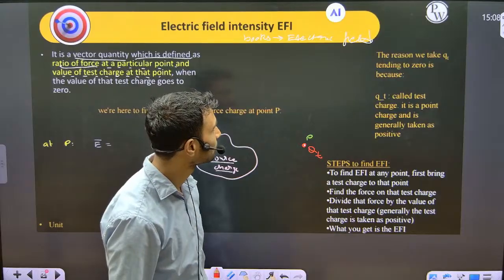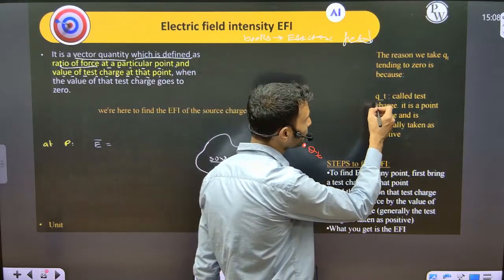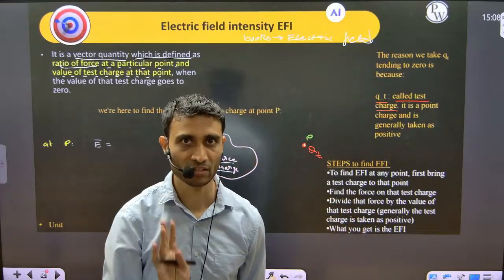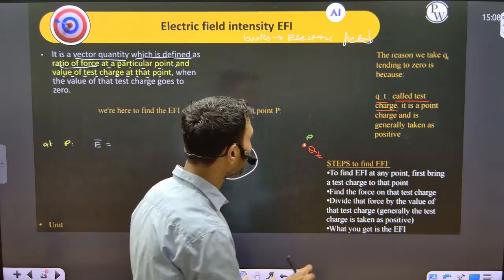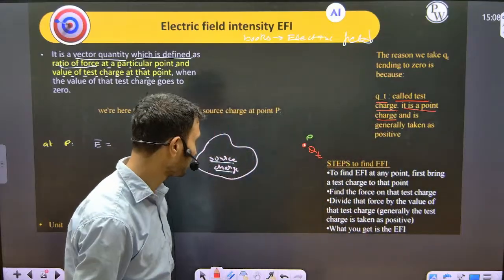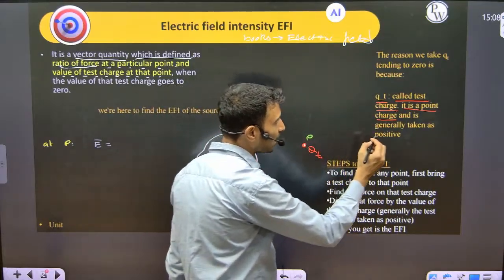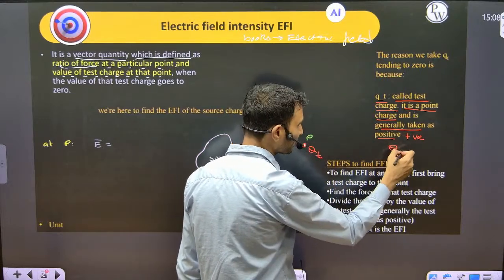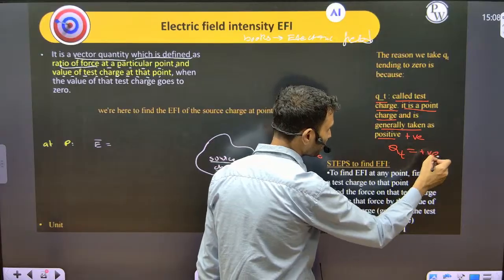What is QT? QT is called the test charge. It is a point charge, a very, very small point, and it is generally taken to be positive. So QT is positive.